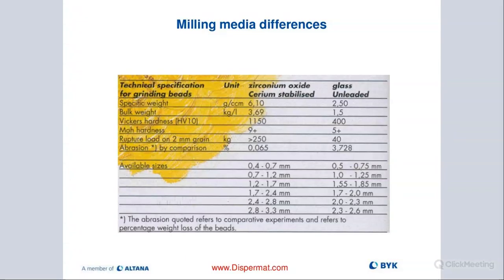That's what we're looking for. When we are milling, we want to have a relatively high kinetic energy. The hardness is also very critical. When we compare glass to a zirconium oxide bead, it's almost 3 times harder on the Knoop hardness using a zirconium oxide bead versus glass. So when I use glass beads, then over time, as these beads impact, the glass beads will end up shattering.